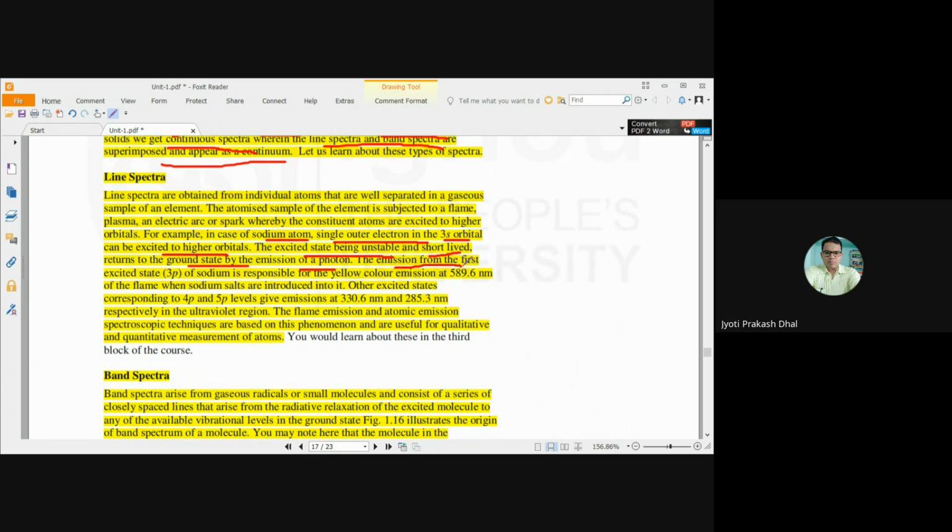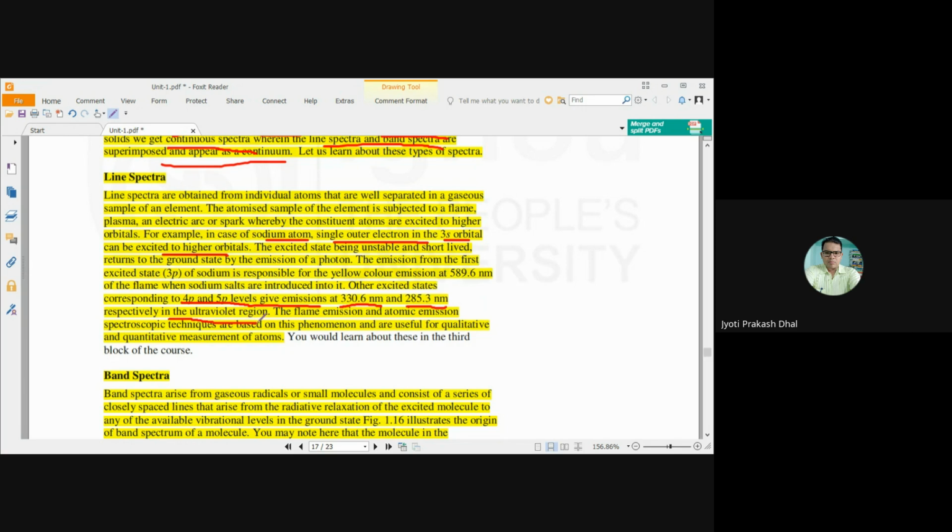The emission from the first excited state 3p of the sodium atom is responsible for the yellow color emission at 589.6 nanometer of the flame when sodium salts are introduced in it. The other excited states corresponding to the 4p and 5p energy levels give emissions at 330.6 nanometer and 285.3 nanometer.